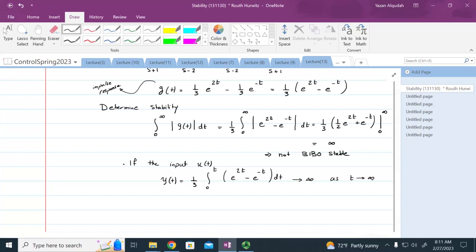Is that clear? Where is this coming from? If the input is u of t, then the output is going to equal the integration from 0 to t of e to the 2t minus e to the negative t dt. Anybody knows? Seen something similar in the lab.